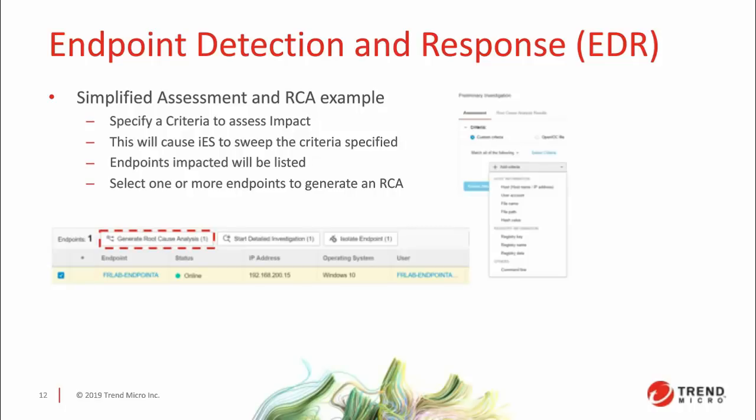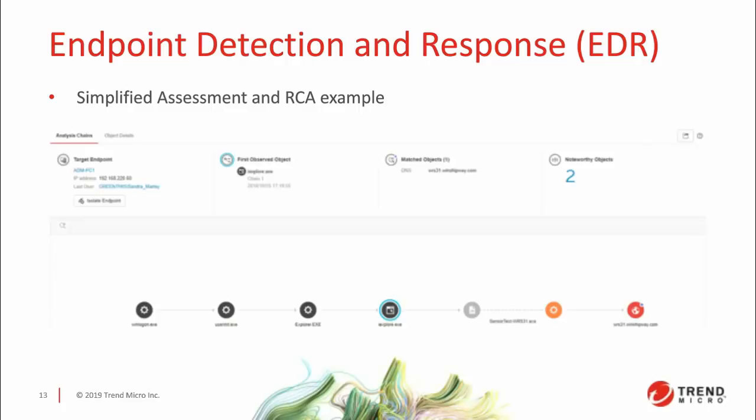Endpoint sensor will sweep that criteria, that IP, that host name, and any endpoints impacted by that criteria will show up in the list. And you just simply select it and generate a root cause analysis, and then you can evaluate the chain of events that led to that impact. This is what it would look like if you did an example. This is just based on our web reputation, sort of like an EICAR for a web reputation. And you can see it just gives you a chain of what happened to cause that specific criteria to happen.